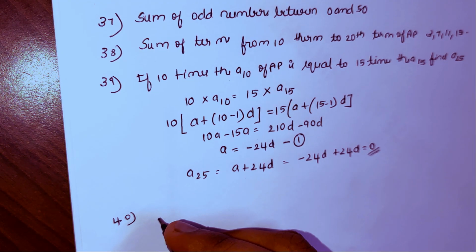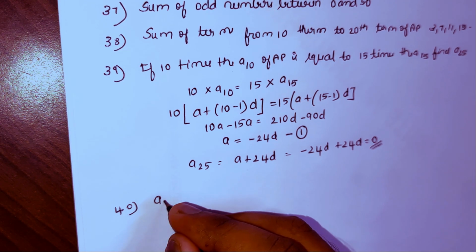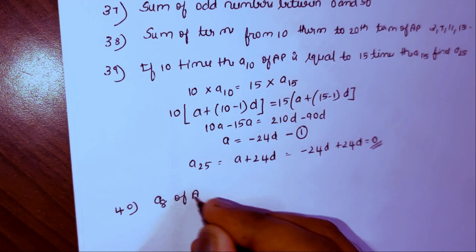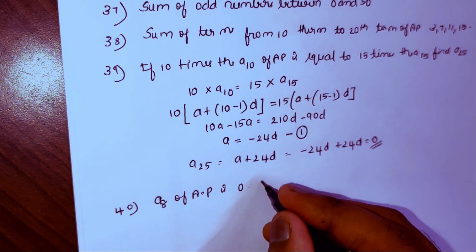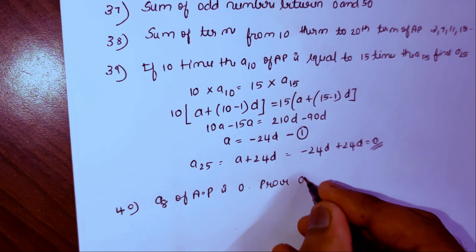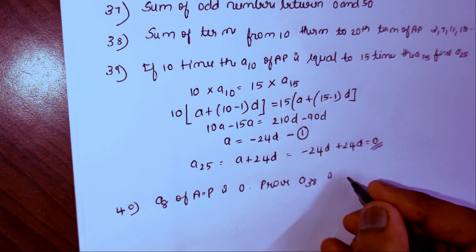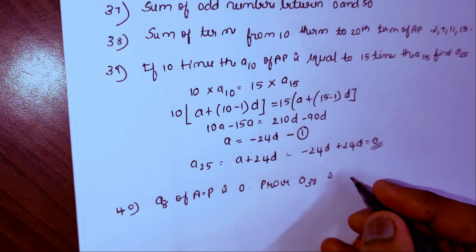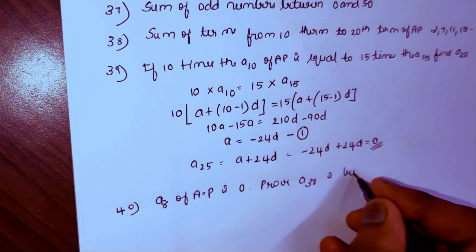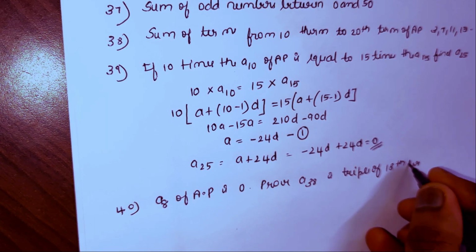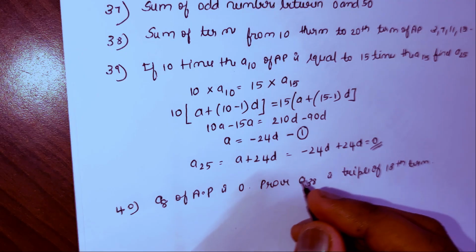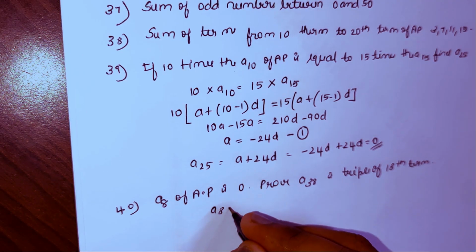40th question. The 8th term of an AP is 0. Prove that its 38th term is triple of its 18th term. Here A8 is given as 0.